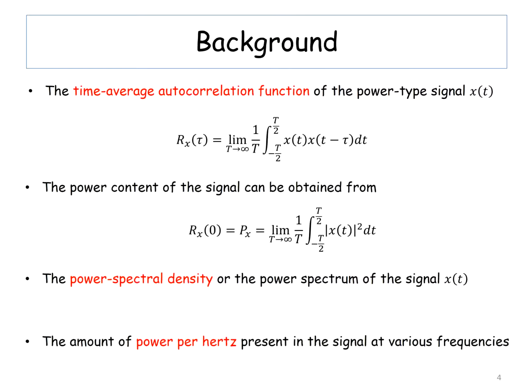By taking the Fourier transform of the autocorrelation function, we can obtain the power spectral density of the signal, which represents the amount of power at various frequencies, and therefore its unit is power per hertz.